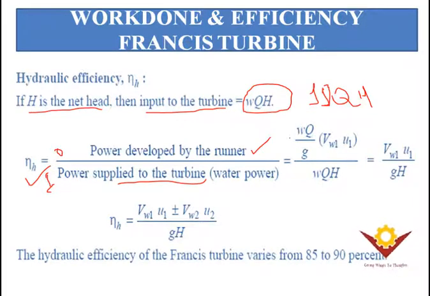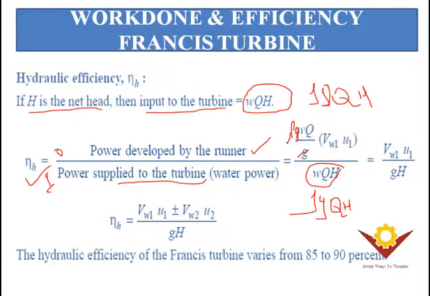This is the formula for the power developed by the runner. If you substitute rho g here, this g cancels, and what you get is rho Q Vw1 u1, and this is the head of water, which is rho g Q H.